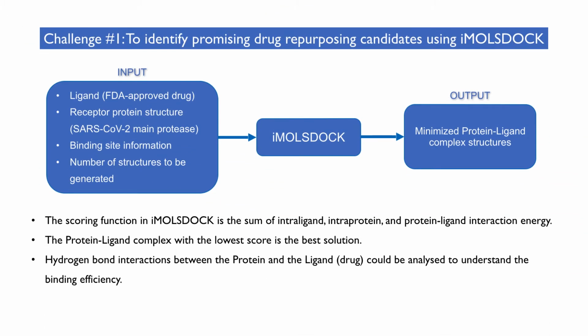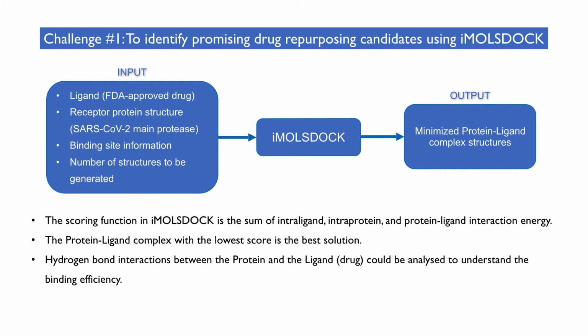The first challenge is to identify promising drug repurposing candidates using IMOLS-DOC. Inputs for IMOLS-DOC are, first, the ligand, which is an FDA approved drug; second, the receptor protein structure; third, the binding site information; fourth, the number of structures to be generated. The output from IMOLS-DOC is the minimized protein ligand complex structures.